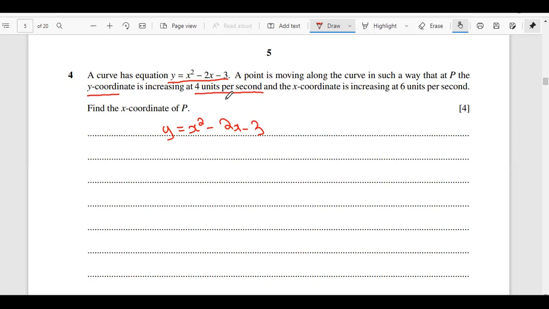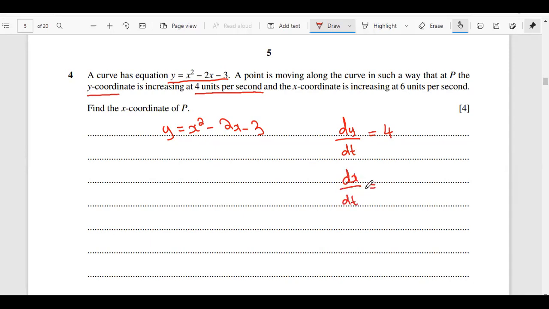I told you when we have time, this is basically the rate, right? What is rate? Rate is something per time. Time could be hours, seconds, or minutes. And we can always write down rate this way: dy by dt. It is the change in y with time, and that is 4. And what would be dx by dt?